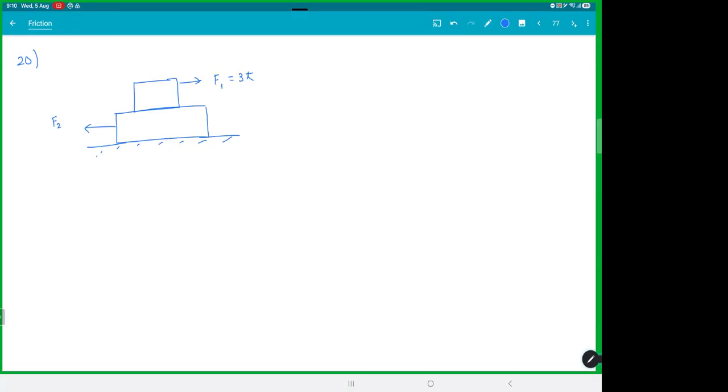Let's say F2 is equal to time. So you're applying two forces. Let's say this is 3 kg and this is 2 kg. And let's say the floor is smooth. This friction here, mu s is 0.5 and mu k is 0.1. Plot the a-t graph.